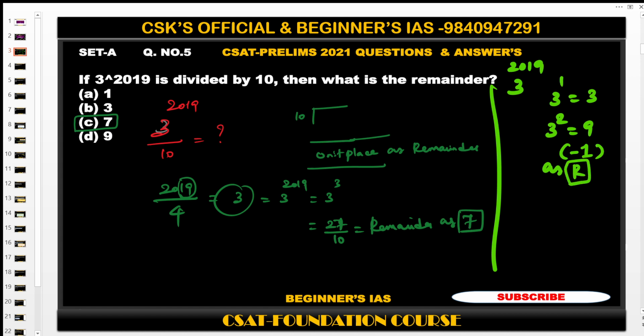With this logic, what you can do is divide the power 2019 by the cyclicity.